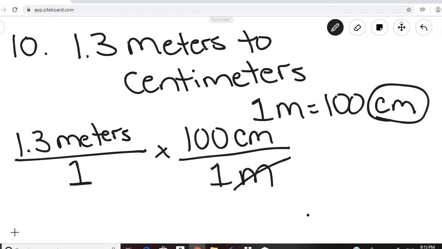Okay, so then meters are going to cancel, and 1.3 times 100 would be 130 centimeters.